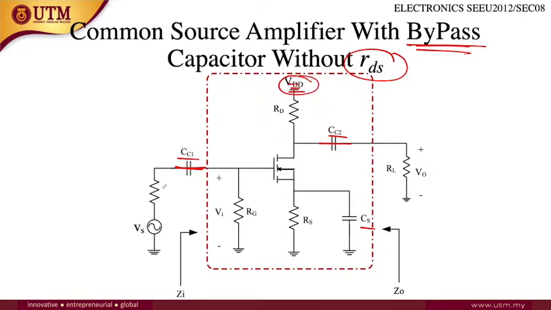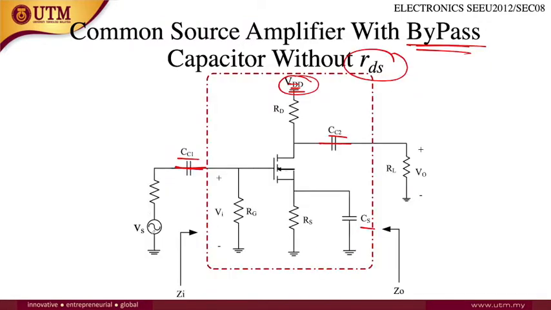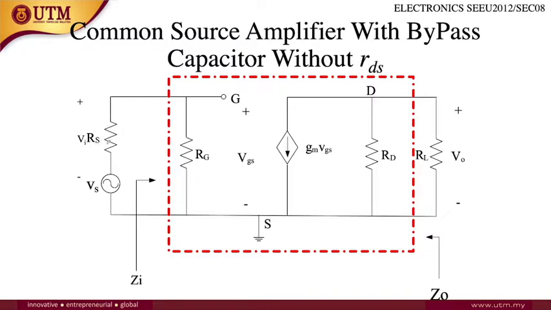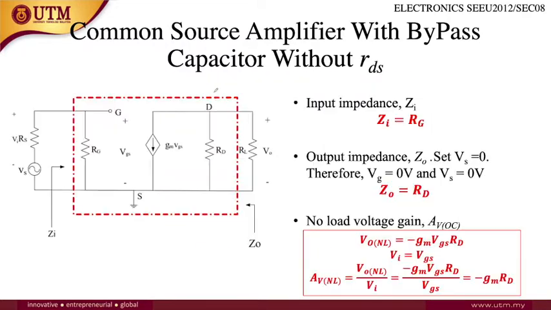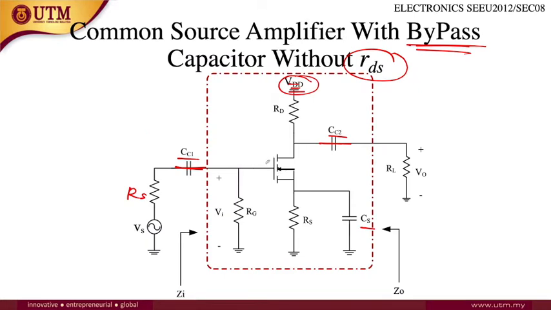So VS source is here, and then there is a resistor, which is RS. So VI, RS, and then there is the gate. It is connected to the gate. This is gate, this is drain, and this is source.